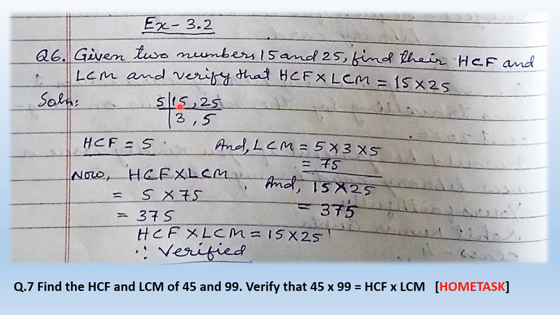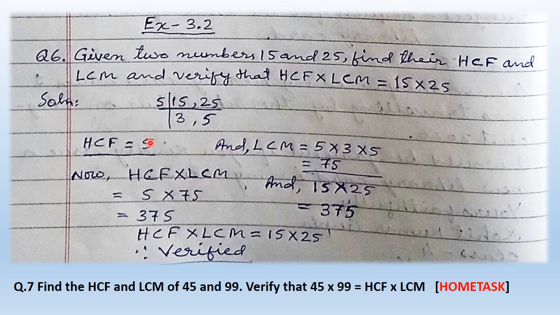So their HCF we got 5, because 3 and 5 don't have any common factor other than 1. 1 is meaningless, 1 is a factor of every number. Now these 3 and 5, both of them are prime numbers, so we will stop here in our division. So from here only we got our HCF.